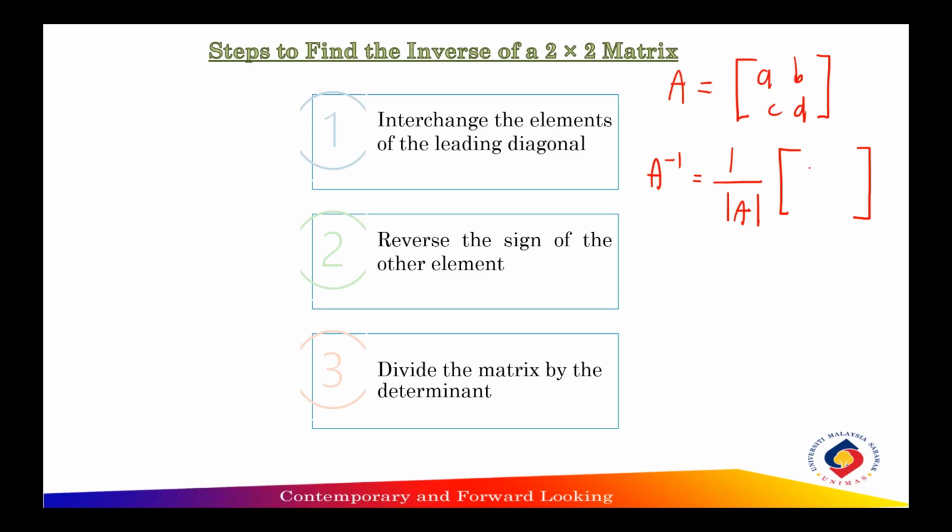To get this 2 by 2 matrix, we interchange the elements of the leading diagonal, so A, D becomes D, A, and then reverse the sign of the other elements, which become negative B and negative C.